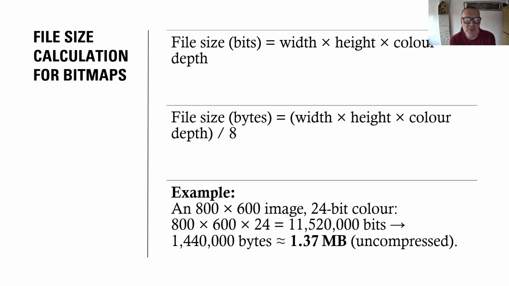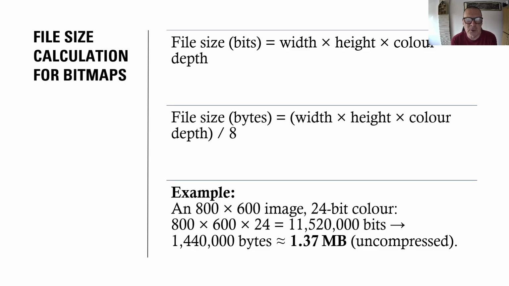So we know how many pixels there are, but we also need to know the color depth because we have to store a certain size number for every single one of those pixels. So we multiply the width, the height, and the color depth, and we get the size in bits if your color depth is measured in bits, which it normally is. Then you might have to convert it into bytes, so dividing the number of bits by 8 to get bytes.